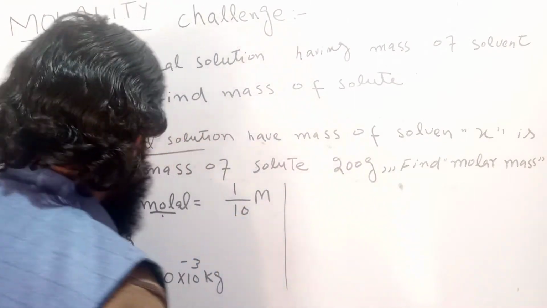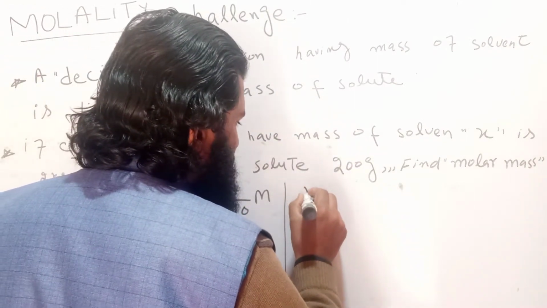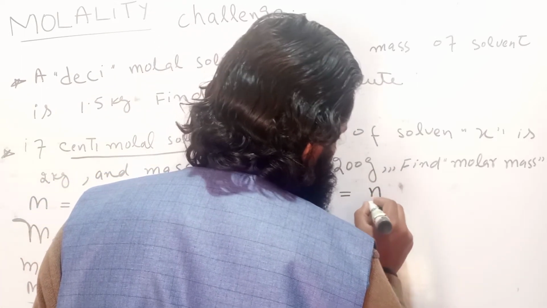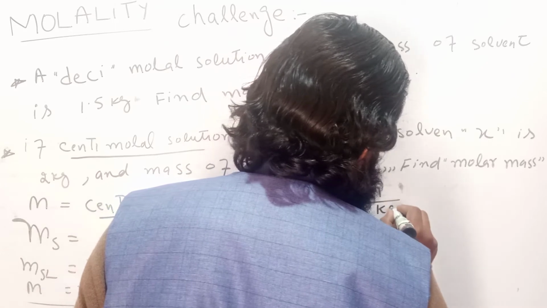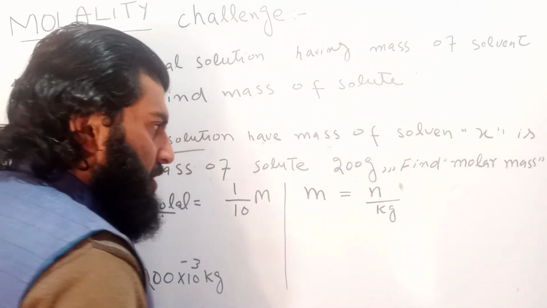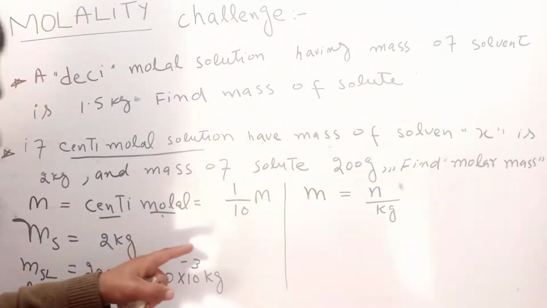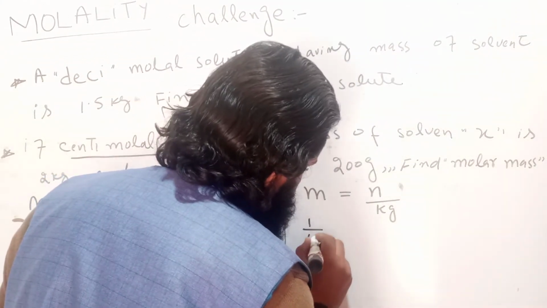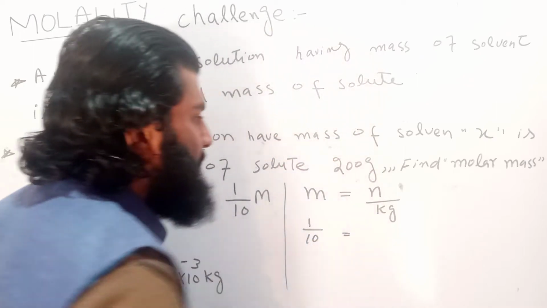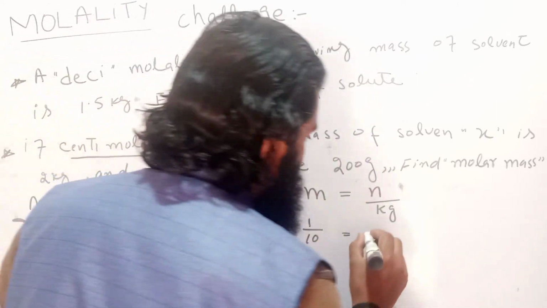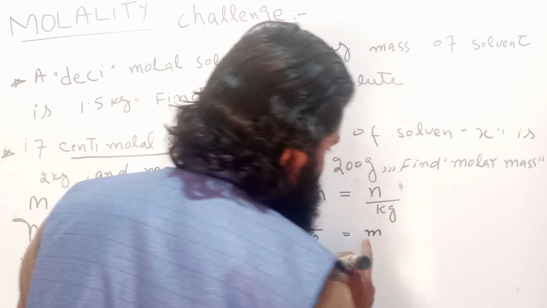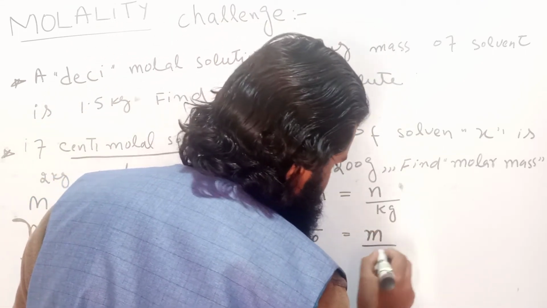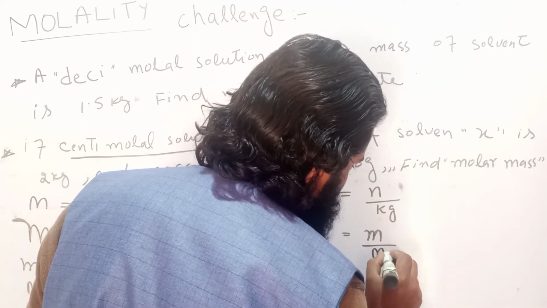We can write: molality is equal to the number of moles of solute dissolved in a kilogram of solvent. Here the molality of the solution is 1 by 10, which is equal to the number of moles, which is mass divided by molar mass, divided by kilograms of solvent.